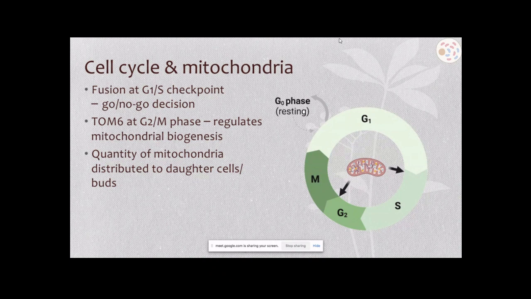That entry gate is built via the TOM complex, and that entry gate is actually constructed right at that stage, and it regulates how much mitochondrial biogenesis should take place during the cell cycle. So there is definitely regulation happening. So there's a bit of synchronization and coordination between mitochondria and the cell cycle there. And this is even more interesting: the amount of mitochondria that is distributed in the daughter cells has been found to be proportional to the cytoplasmic volume of the daughter cells.